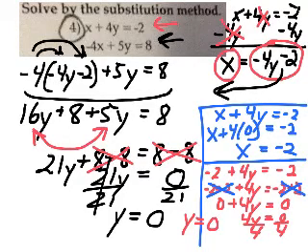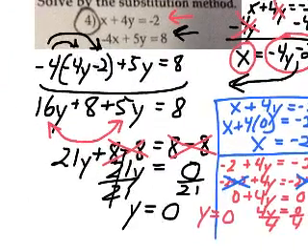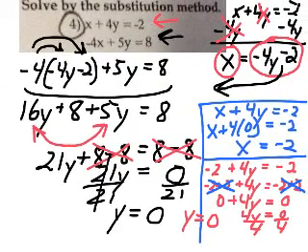Okay, so our answer is x is negative 2 and y is 0.